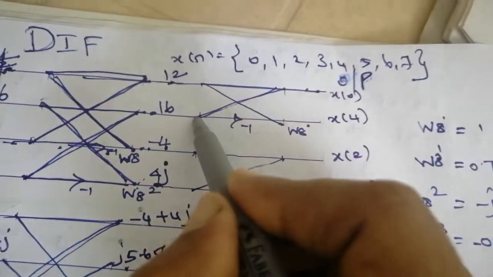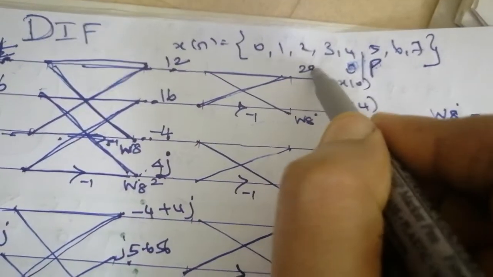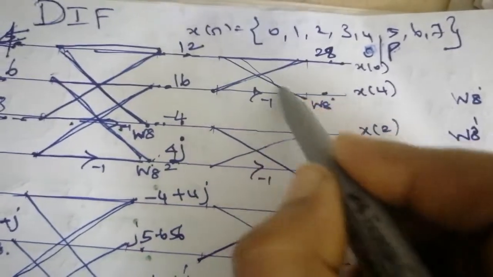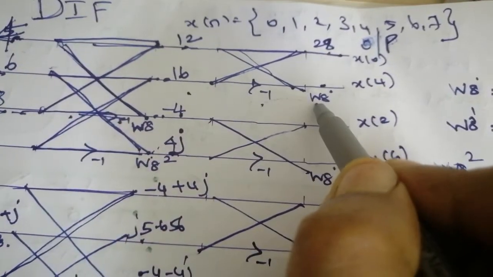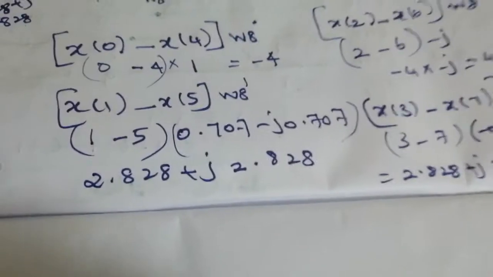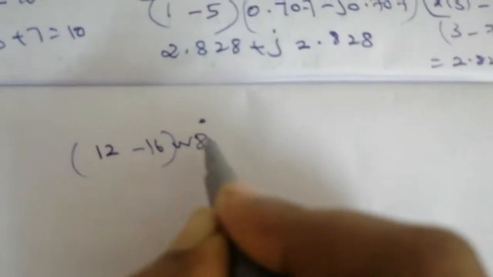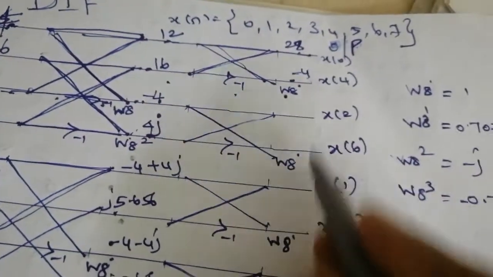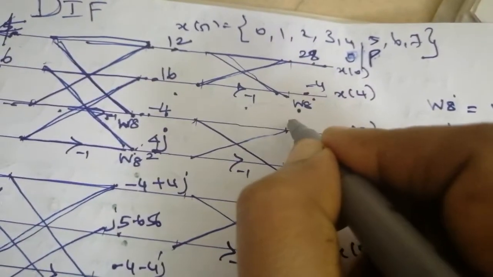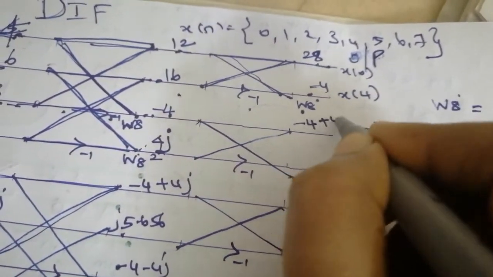Then in the third stage, finding this value, 12 is added with 16. We get 28. And here 12 minus 16 into W8 power 0. That is 12 minus 16 into W8 power 0. So it is nothing but minus 4. Right? So the answer is minus 4. So likewise we are finding all these values. Right? So here the answer is minus 4 plus 4j.